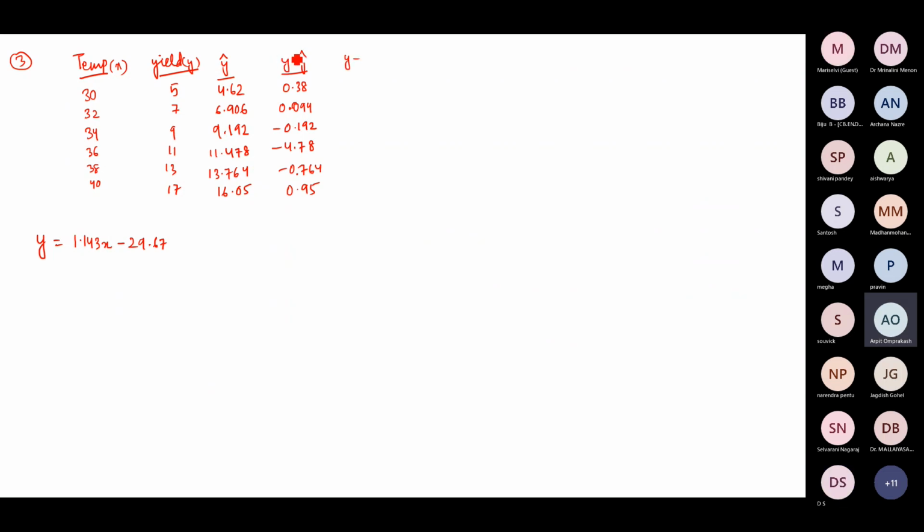Then we need the square of this. Then we'll sum this row. We'll add all these values and get 1.9048.